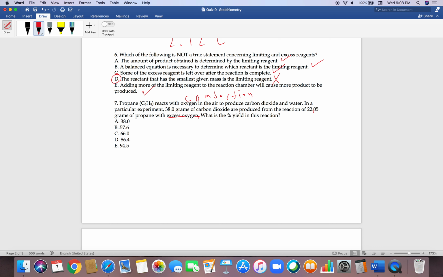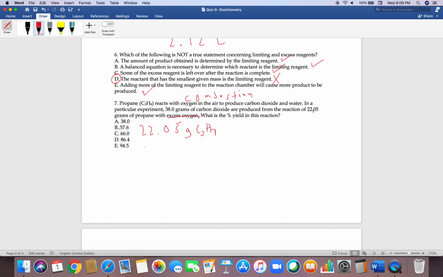So to determine the percent yield, we need to see what's the theoretical yield of carbon dioxide from the amount of propane that we're given. So we're going to convert the grams of propane into grams of carbon dioxide and use our percent yield formula. So we have 22.05 grams of propane.